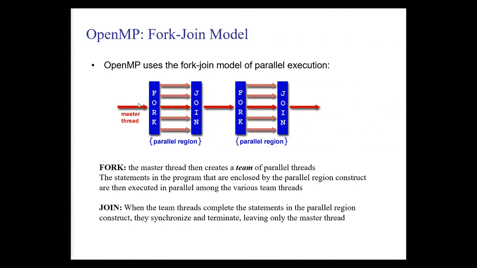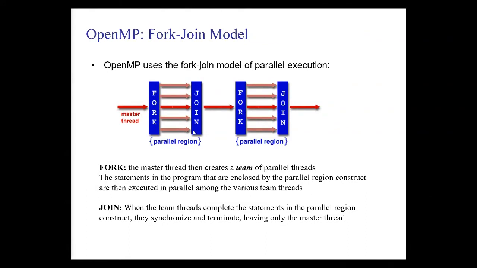Then in your code, you will use the OpenMP directives. The first one will be the start of a parallel region. At this point, the master thread will create a team of threads, and all the code in the parallel region will be executed in parallel by the individual threads.